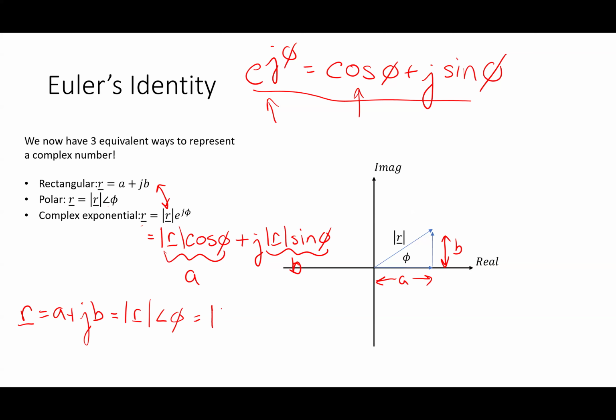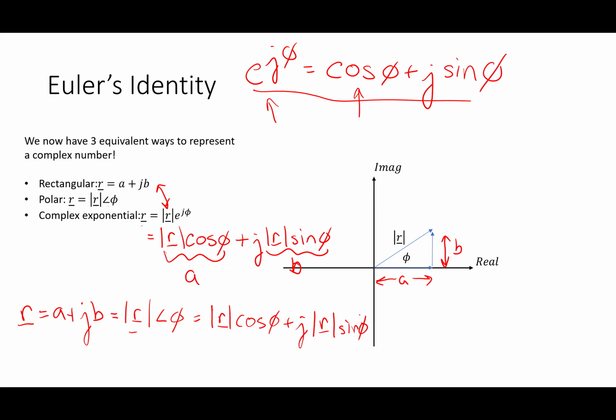A plus jB can be related to the length and the angle by saying it's length cosine phi plus j times length sine phi, right? That relationship, this is the Cartesian. It's equal to that in polar form. Because of the trig relationships, I can write A plus jB like that.